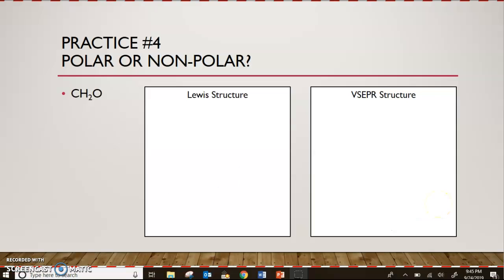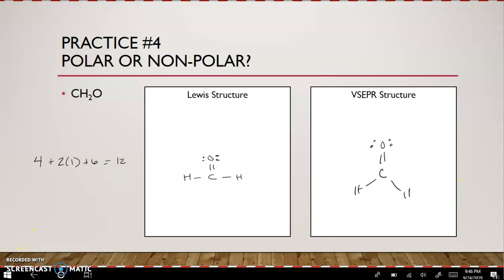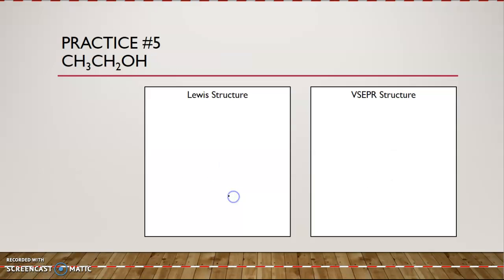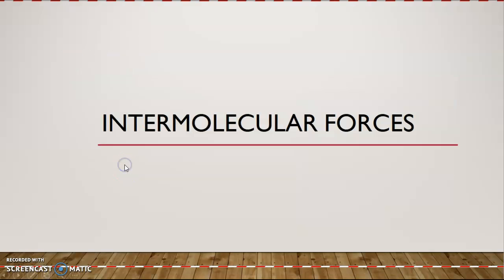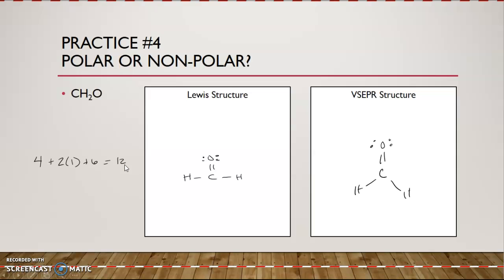Give this one a shot, and then we'll discuss this one. Okay, I get 12 electrons total, so again, I need to make sure that I have 12 electrons when I have ended. I've drawn my Lewis structure here, and then I've gone ahead and created my VSEPR structure.